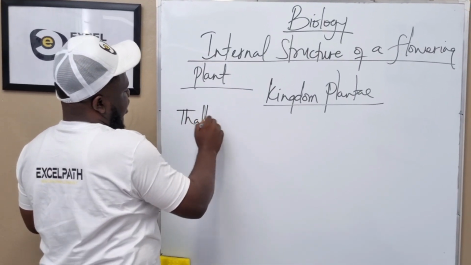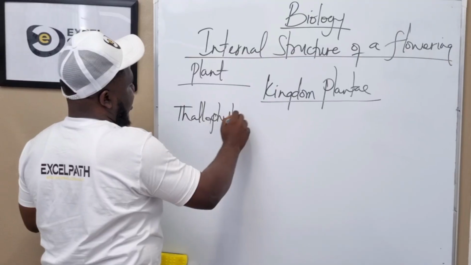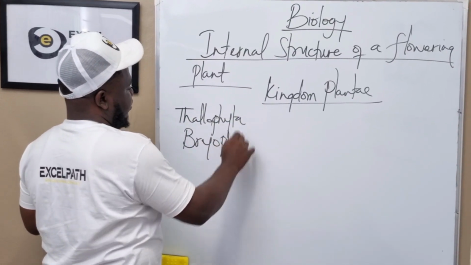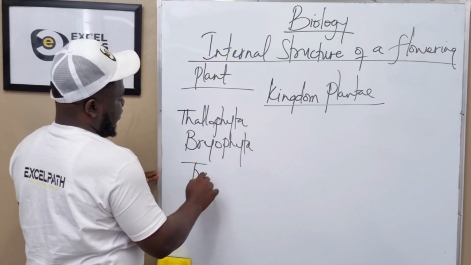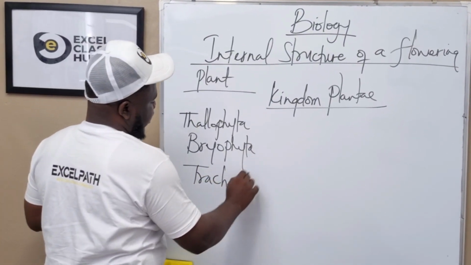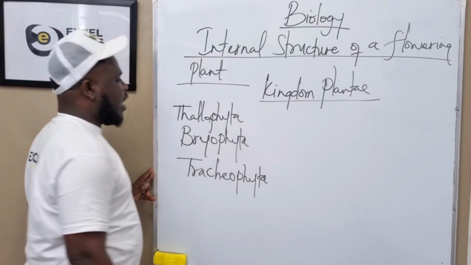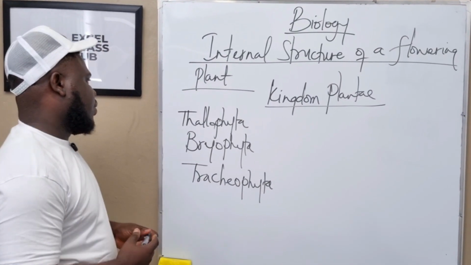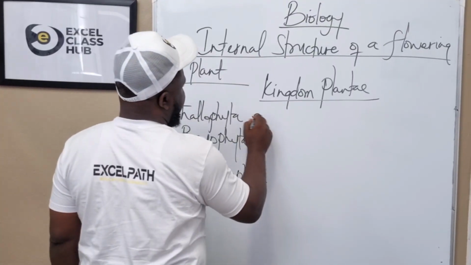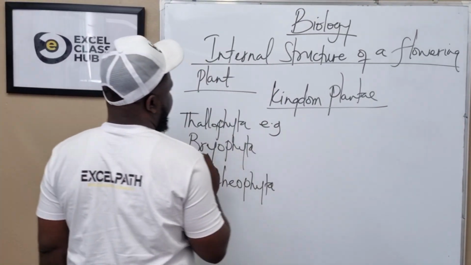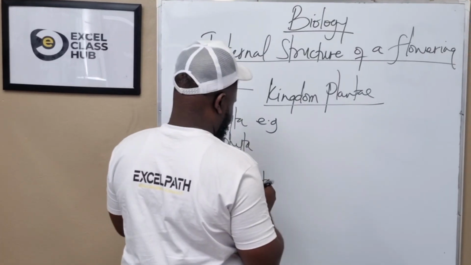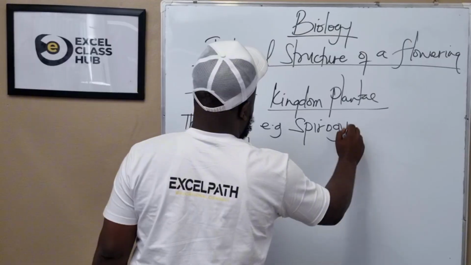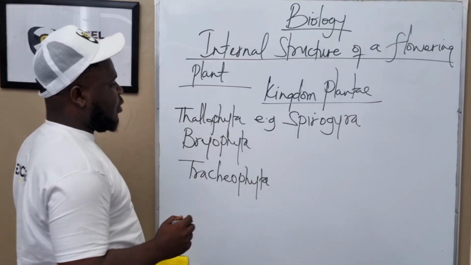We have the Thallophyta, Bryophyta, and the Tracheophyta. So these are the three major divisions of the plant kingdom. Under the Thallophyta is where you have an organism such as Spirogyra.